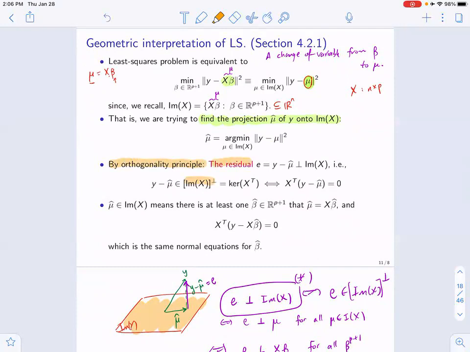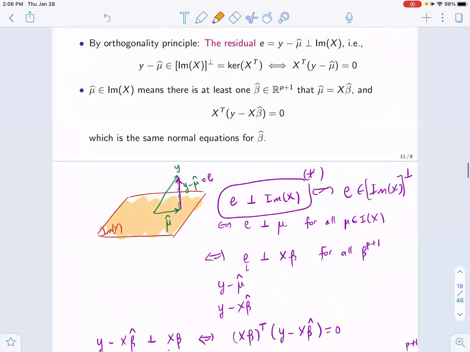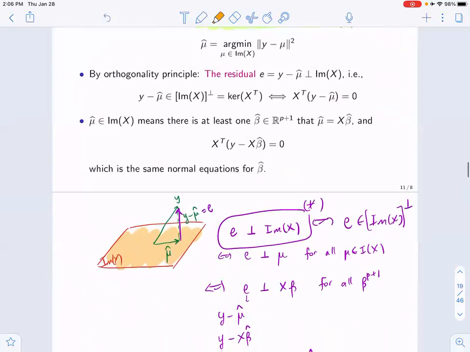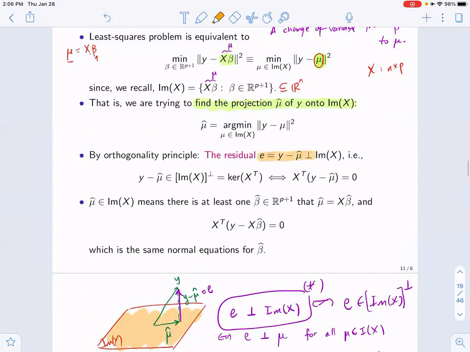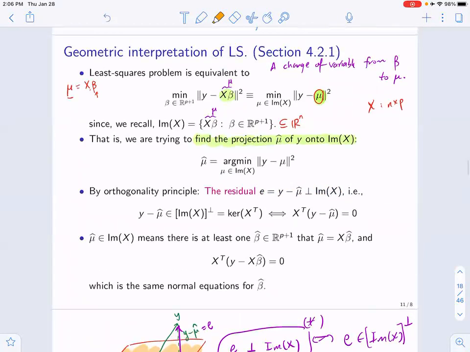Yeah. Mm-hmm. Okay, so we actually did go over this part last time. So this is the geometric condition for the projection. If mu hat is the projection, let me remind you what this setup was.